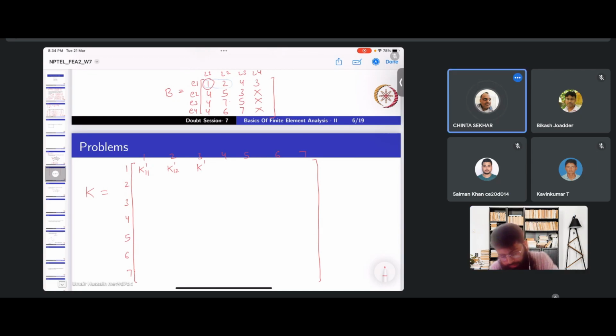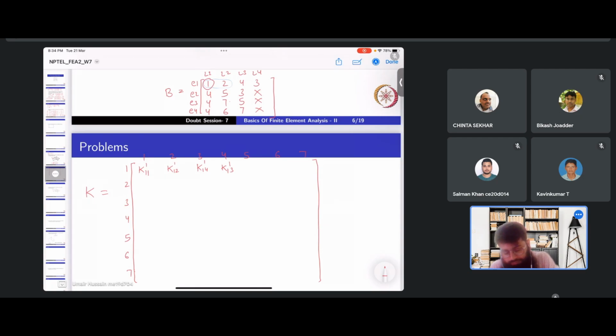So 1 is local node 1 for element 1, and 3 is local node 4 of element 1. That's right. And for 1 4 we also have a connection in element 1 only. So 1 is again local node 1, and 4 is local node 3.